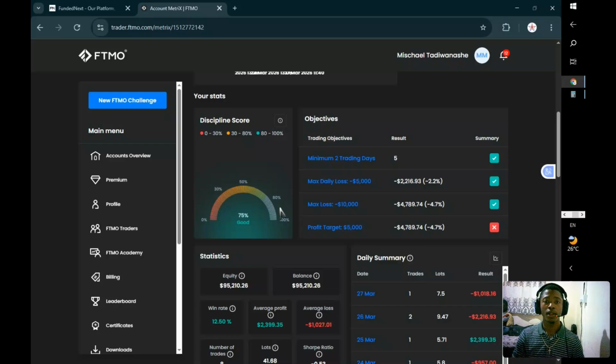So the 2 weeks I lost the account, it is what it is, guys. We just try again next time. Right now we are currently down only 2.7%.